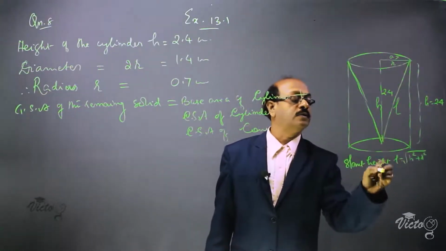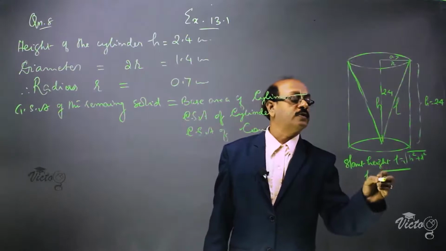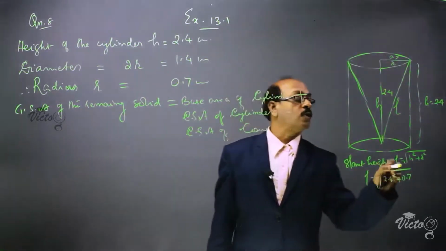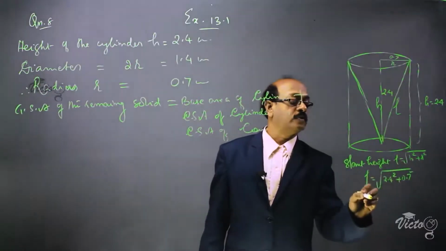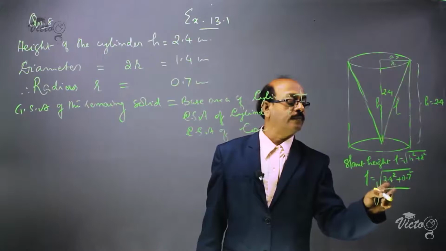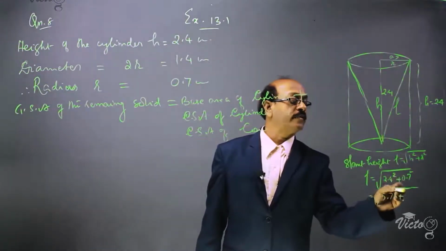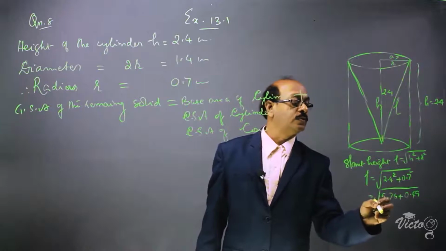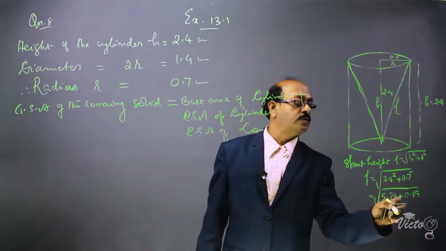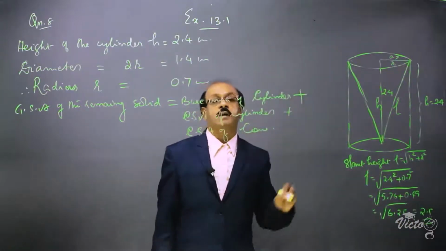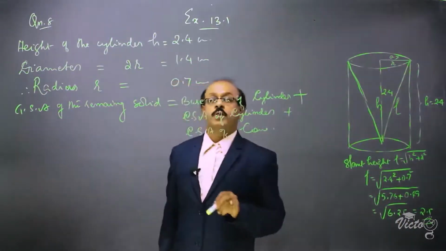That means L is equal to root of 2.4 the whole square plus radius R is equal to 0.7 square. This is equal to 2.4 square is 5.76 plus 0.7 square is 0.49. Adding, this is equal to 6.25, whose root is 2.5. Here we are getting the slant height of cone as 2.5 centimeter.